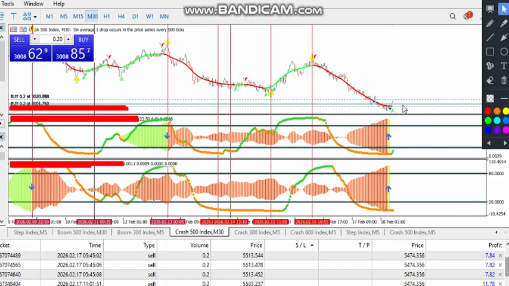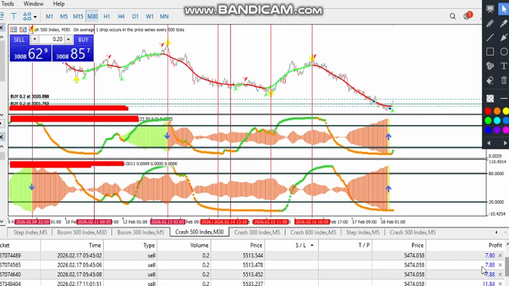If this particular trend keep on going down, it is going to give us another formation area around this area, until we have our red appear on the uptrend. Immediately this red appear on the uptrend, that is where I'm going to take my profits, guys. So that is how it works on Crash 500 30-minute time frames.